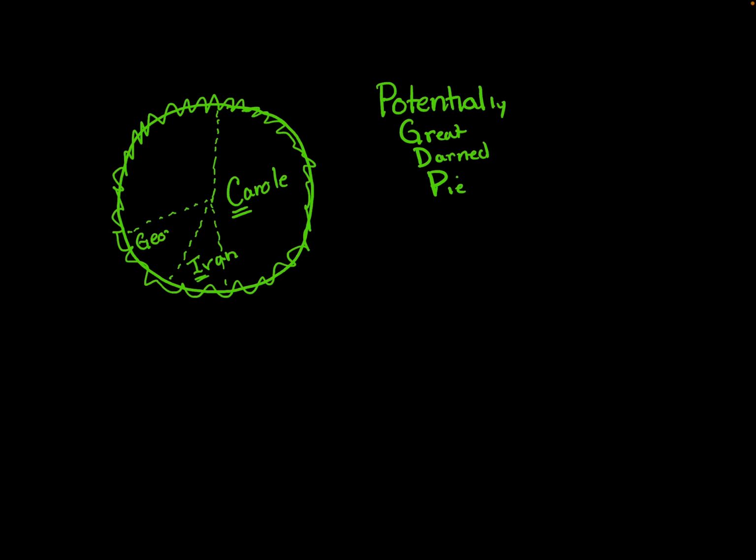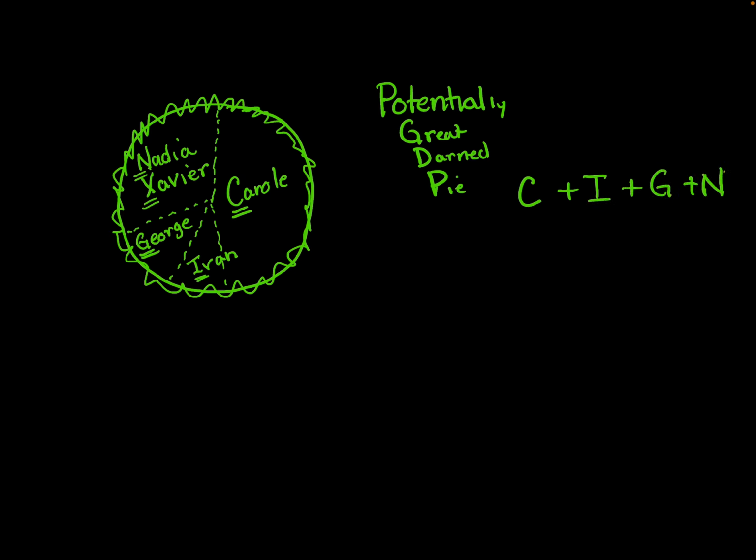George. Who gets another piece of this? This is where I always get stumped. So it's Nadia Xavier. I'm a riot, right? So my potentially great darn pie, potential GDP, is split between Carol and Ivan and George and Nadia Xavier.